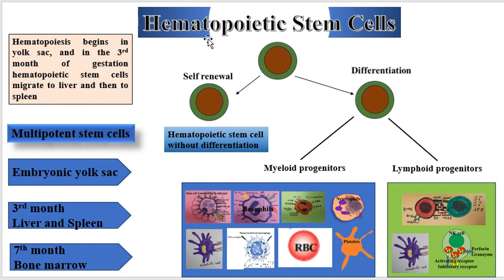Hematopoiesis begins in the yolk sac early during embryonic life, but within the third month of gestation, hematopoietic stem cells migrate to the liver and to the spleen. And within the 7th month of gestation, hematopoiesis takes place within the bone marrow.